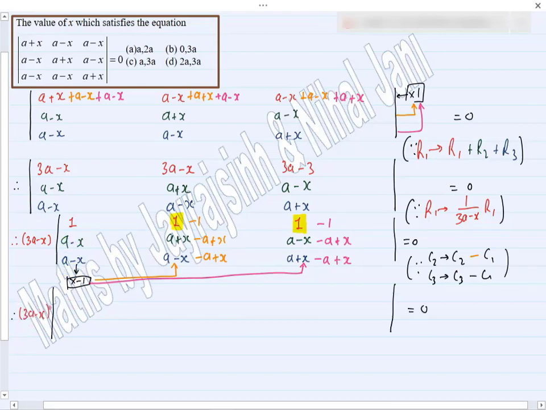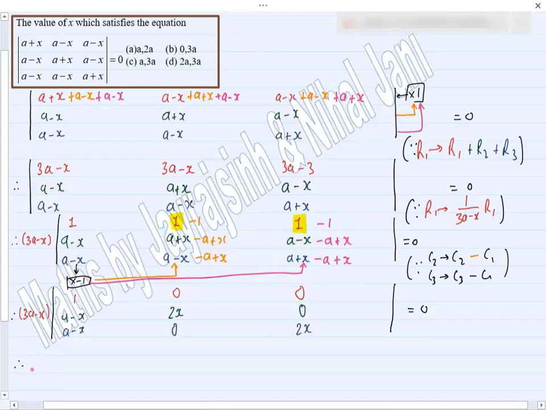So a minus x, and the first column will remain as it is. The second column will be 0. The a will cancel out, x plus x will become 2x. The a and x both will cancel out and we will get 0. And in the third column we get 0, a as well as x cancel out and we get 0. And finally we will get 2x.